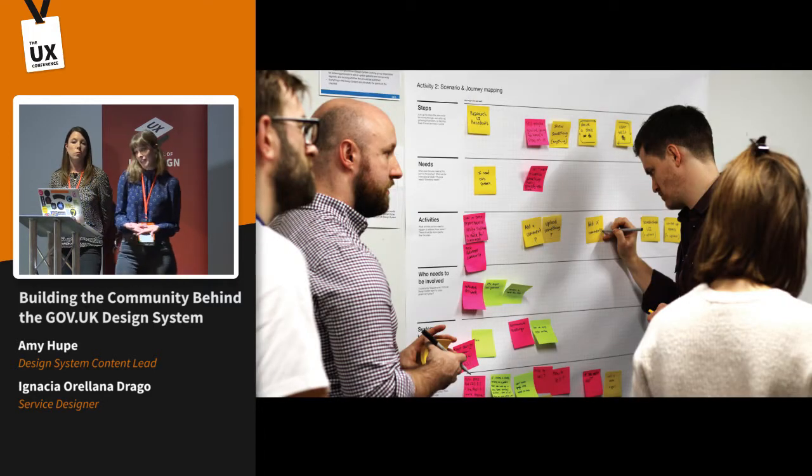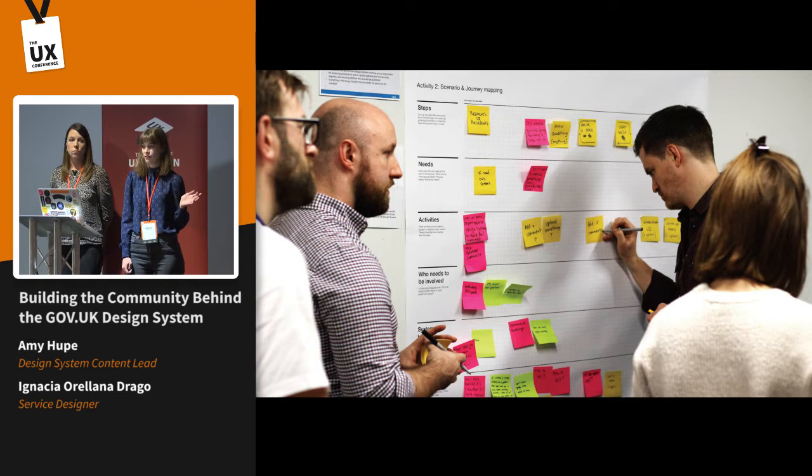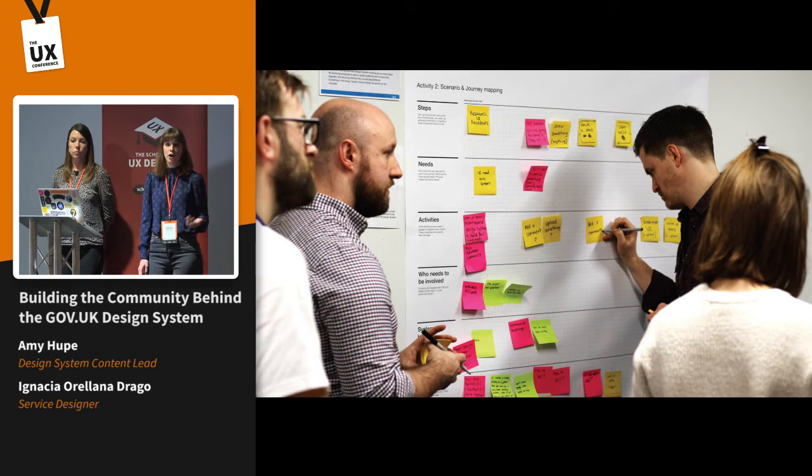So how did we do this? We did this by running cross-government workshops where we brought together stakeholders and potential users of the design system from different disciplines and departments from across government into one room to look at all the things that we would need to build for government. To understand each other's context, to understand each other's challenges, our different user needs for the different departments, and also to see the areas of overlap in our work.